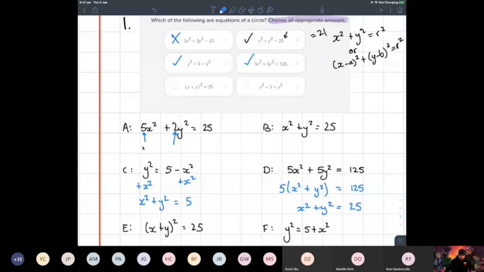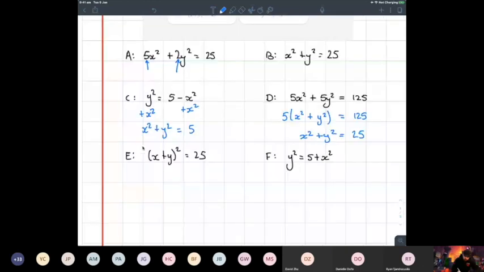For option E, if we expand those brackets, it's the first term squared plus 2 lots of the middle plus the last term squared equals 25. Because we've got this 2xy in the center, that straight away cancels out the circle part. It's not just x squared plus y squared, so we can't use that as a Pythagoras' theorem kind of statement.